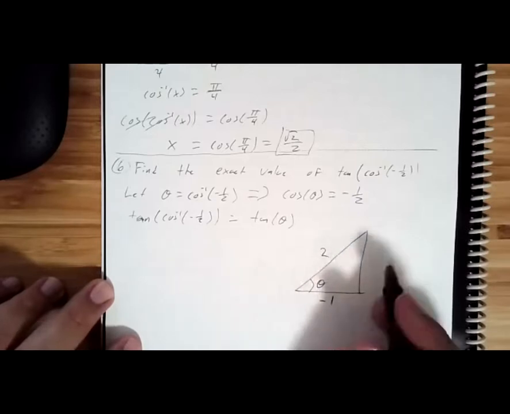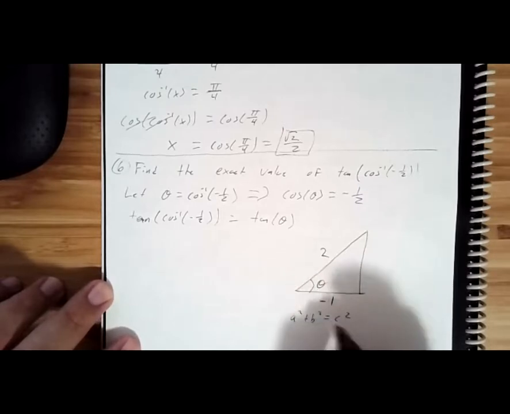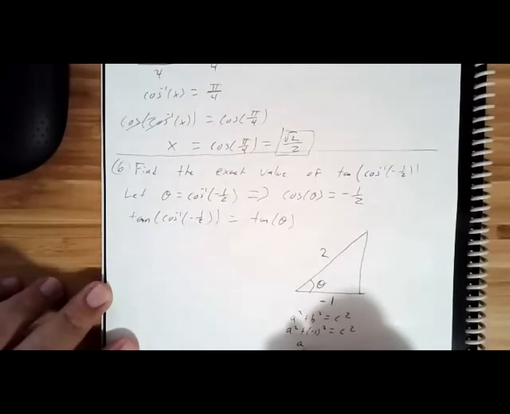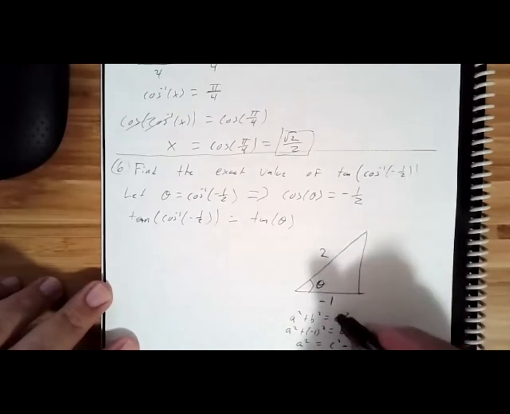All right, so let's find the missing side. So a squared plus b squared equals c squared. Let's call this one b. I want to find a. So a squared is equal to c squared, subtract that over, that'll be -1. I forgot to plug in c.